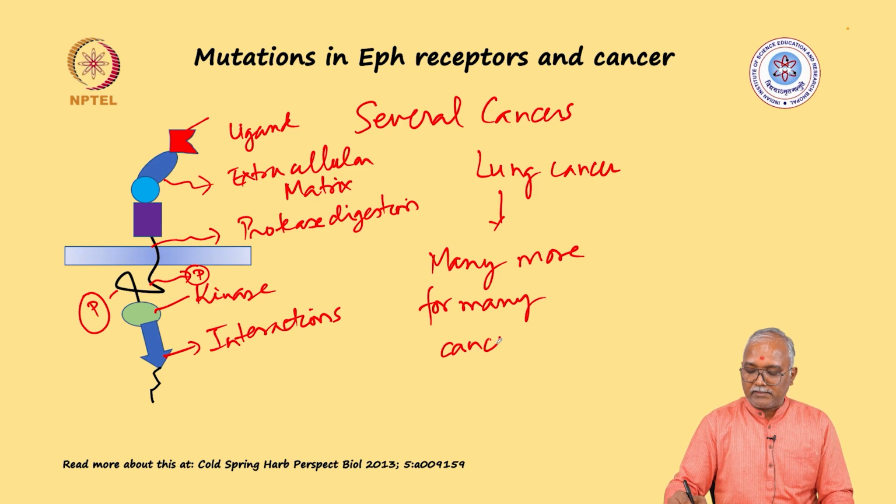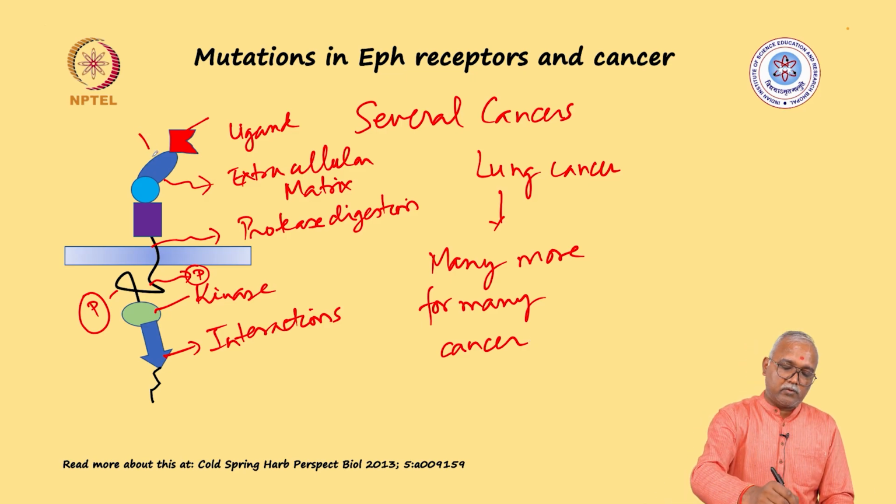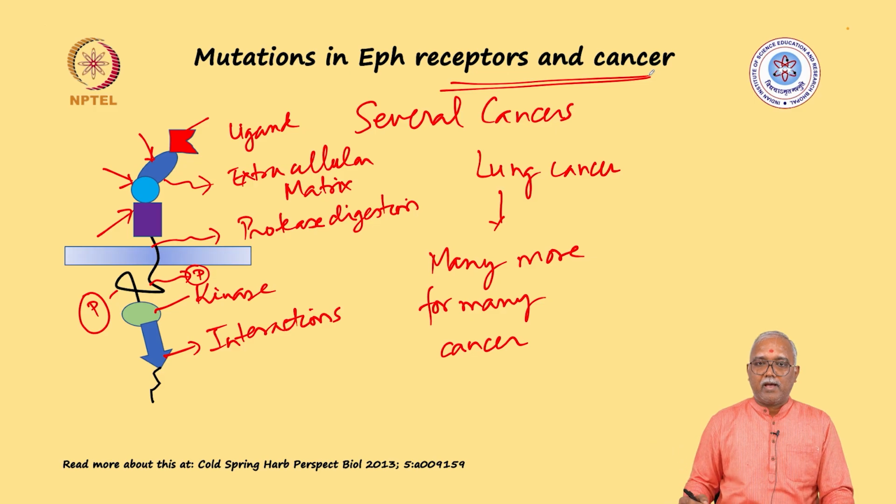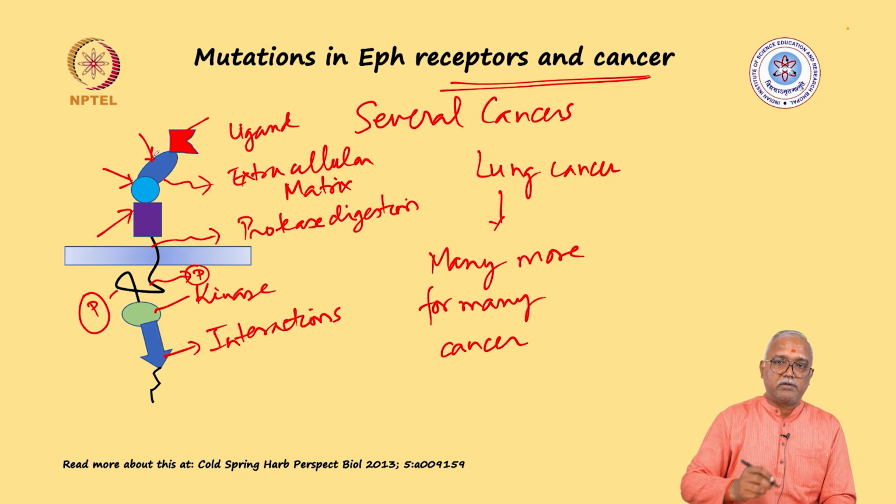So it is not surprising that such a molecule, which is important for tissue formation, boundary formation, axon growth cone formation, as well as ensuring how blood vessels are generated, is subjected to a lot of insult through mutations, contributing to uncontrolled growth and a cancer-like phenotype. We saw how in the intestinal region, adenoma formation can be affected by these small mutations in the EPH receptor.